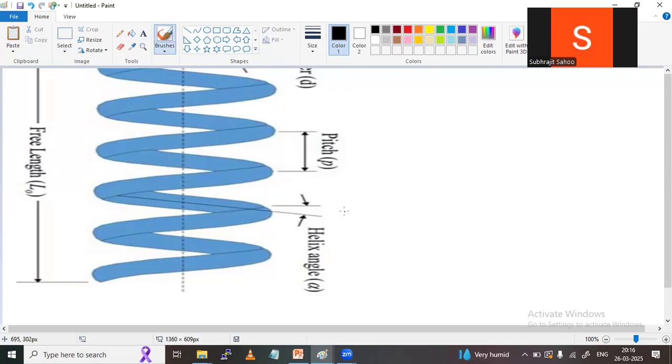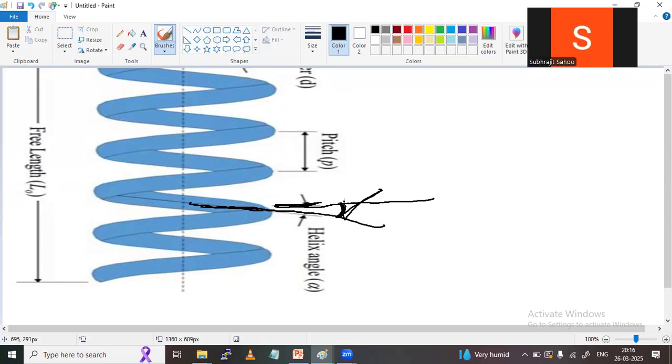This angle is called the helix angle, right? The angle is called the helix angle. What is the angle? To the horizontal axis, to the axis of the coil. Okay? Axis of coil. This is a horizontal axis.